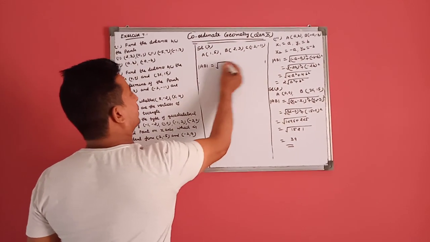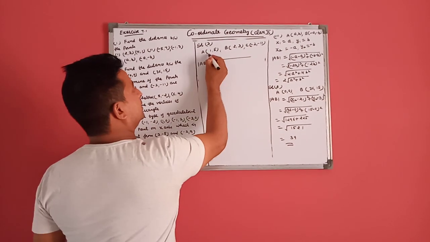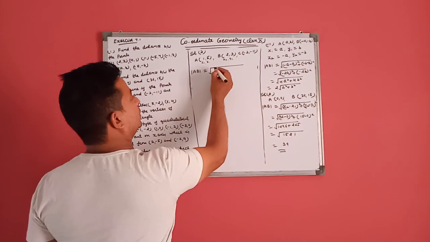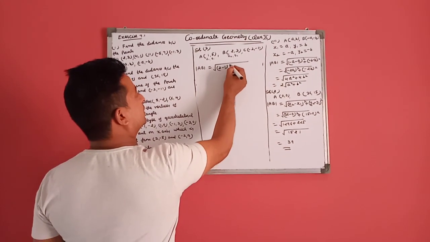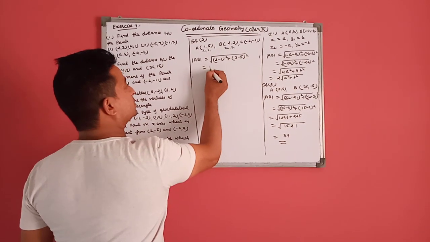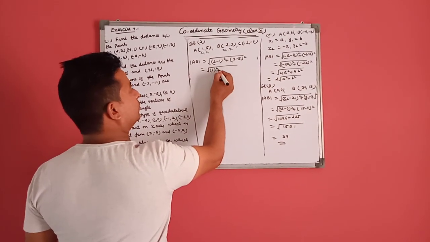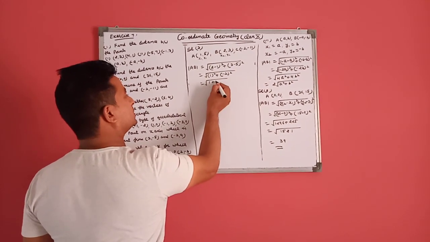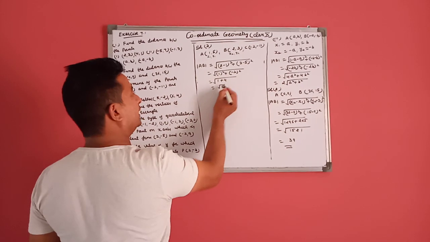For AB, we take x1, y1, x2, y2, so (x2 minus x1) whole square plus (y2 minus y1) whole square. This becomes 1 whole square plus 2 whole square, 1 plus 4, equal to root 5.